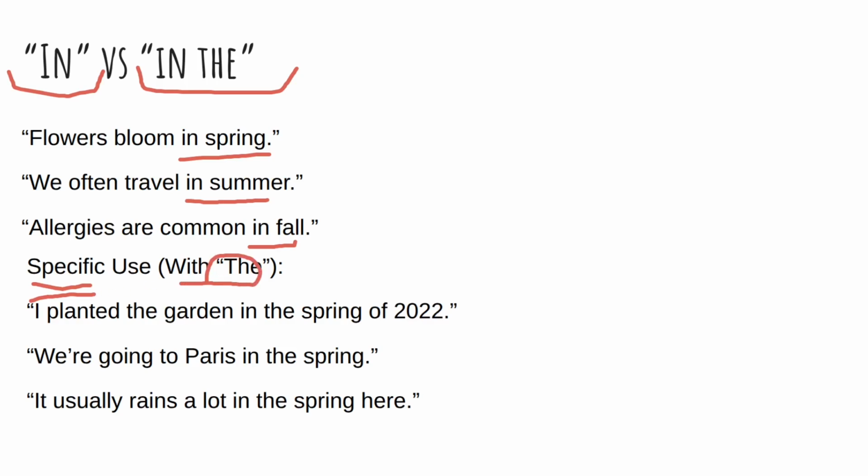Specific use with the. I planted the garden in the spring of 2022. We're going to Paris in the spring. It usually rains a lot in the spring here. So the use of the with seasons is completely acceptable, but only when referring to a known, specific time frame.